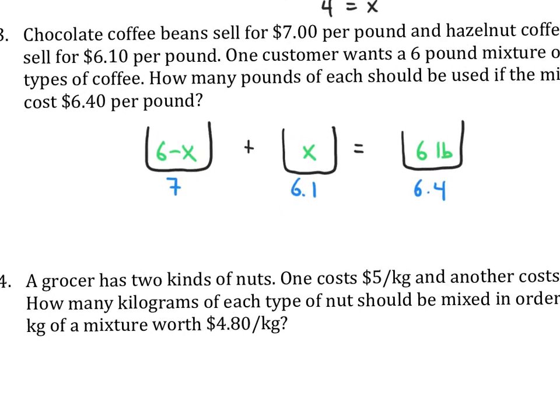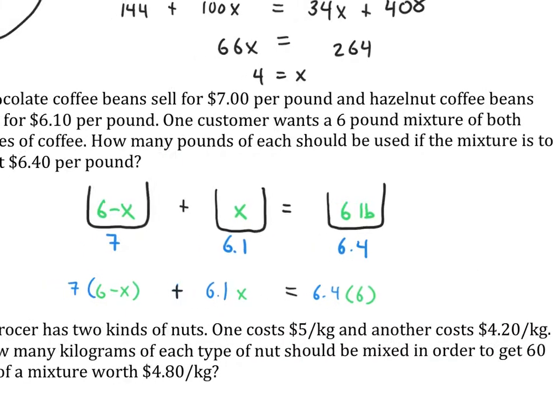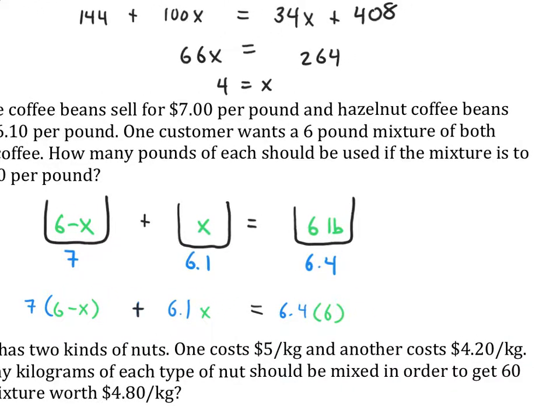All right, so bringing this down, we get 7 times 6 minus x plus 6.1 times x equals 6.4 times 6. Now we keep walking through this, and I'm going to distribute out to get 42 minus 7x plus 6.1x equals.